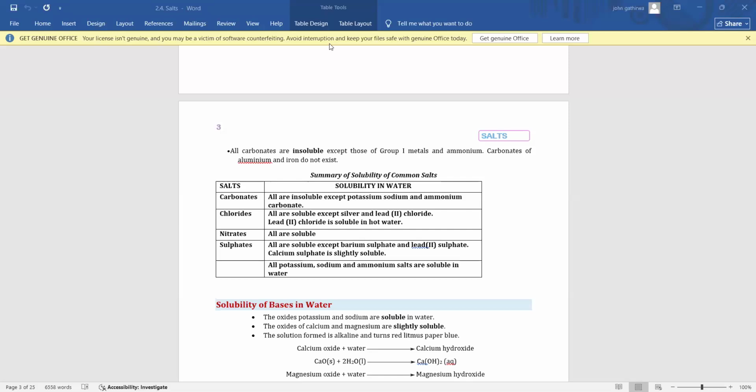Very good. So that is the group 1 elements, hydroxides and oxides. They are soluble in water.